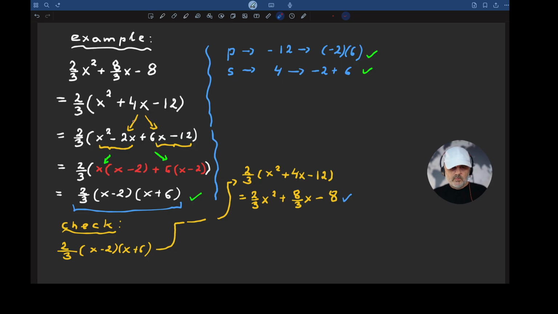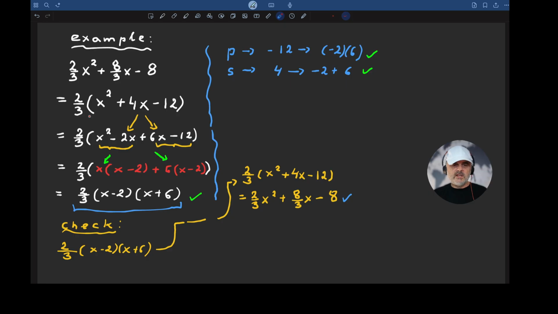So once you have the middle term expressed in decomposed form, you keep the fraction outside. Remember, you open a set of brackets, you bring down the first term, which is x squared. You rename 4x into the sum, negative 2x plus 6x, and then you copy down negative 12, and you close the brackets here.